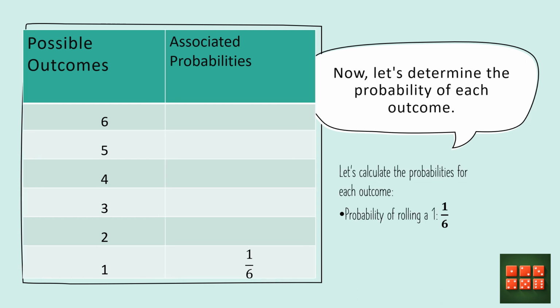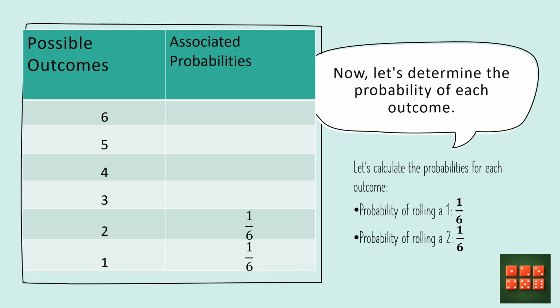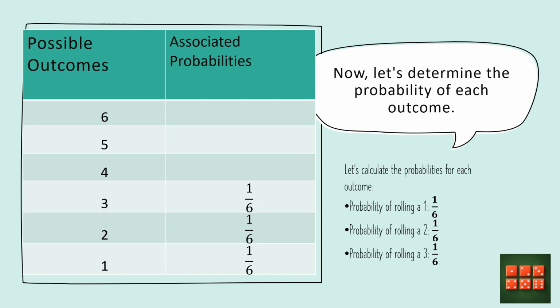Now, let's determine the probability of each outcome. Let's calculate the probabilities for each outcome. The probability of rolling a 1 is 1/6. The probability of rolling a 2 is another 1/6. The probability of rolling a 3 is also 1/6.